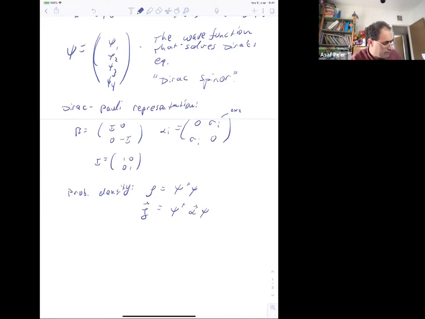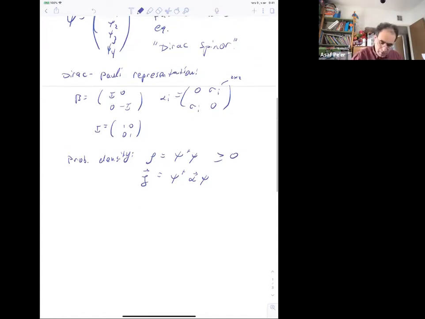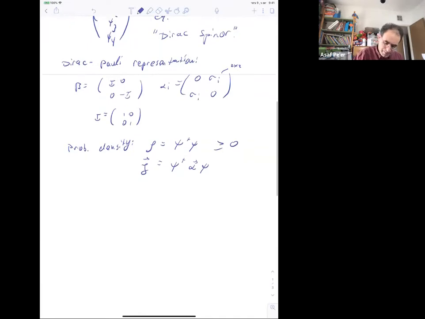These are non-negative. So Dirac did manage to find a solution which also solves the Klein-Gordon equation, so it's consistent with Einstein's relation, E squared equals m squared plus p squared, with a non-negative probability density. It's always greater than 0. And the price is that it has 4 components.